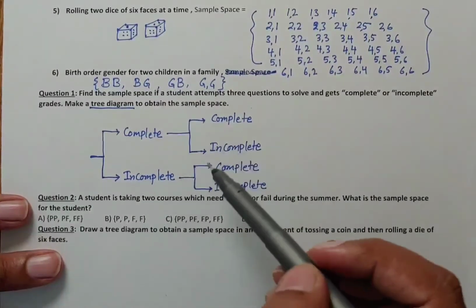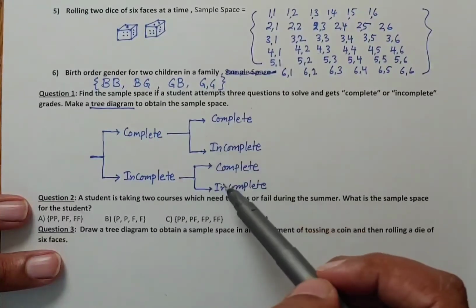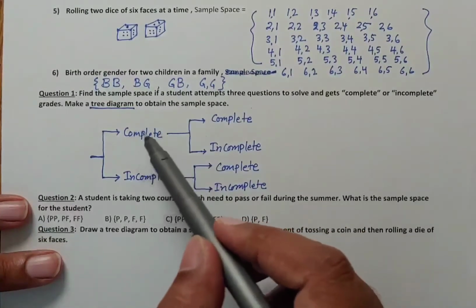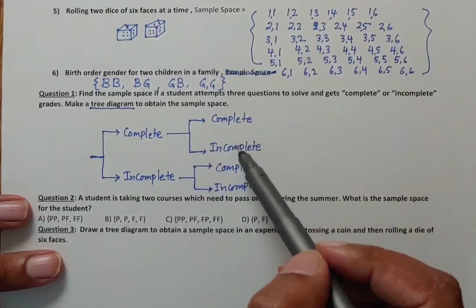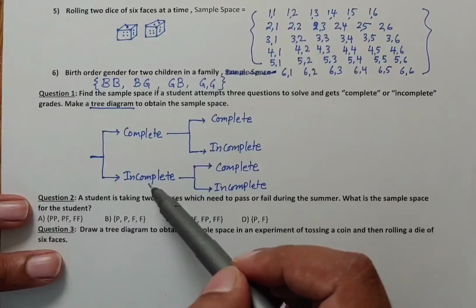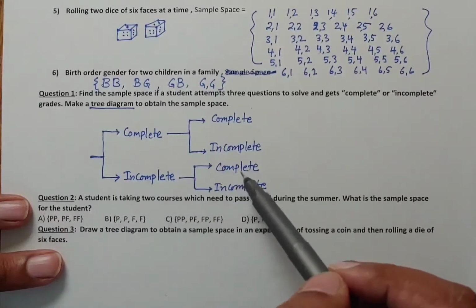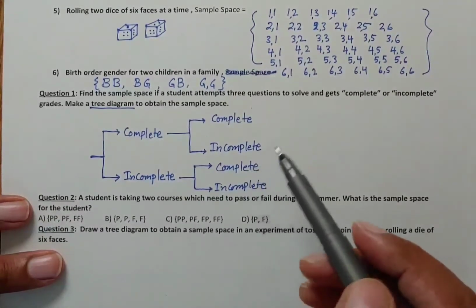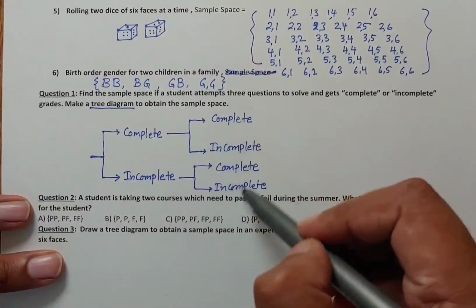So when you get into the second question, there are these 4 possible cases, because if you get complete in the first question, you get one of these 2, and if you get incomplete in the first question, you'll get one of these 2. Okay, now this was for the second question.